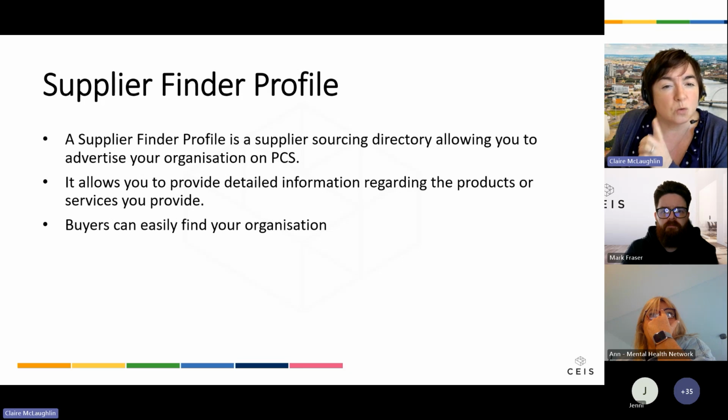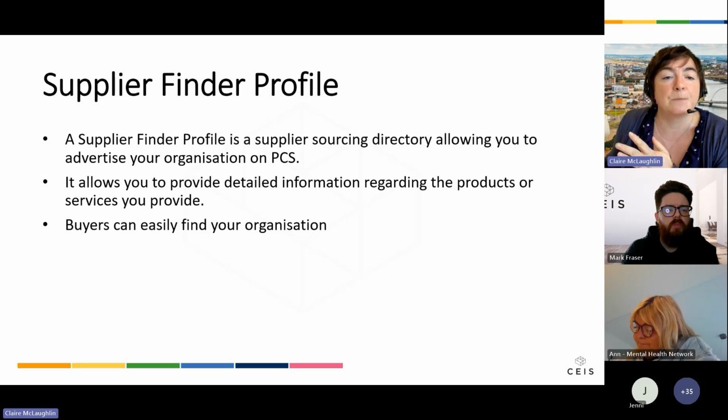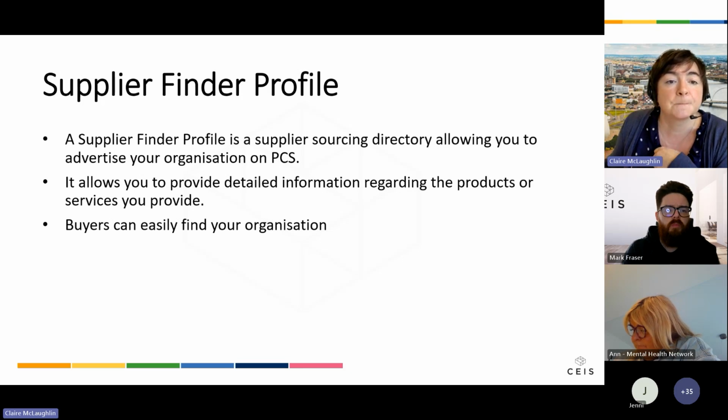Now, I told you about the changes that have been made to Public Contract Scotland, and one of the key changes is that now buyers can search specifically for third sector organisations. So there's increased opportunity now, if you're a third sector organisation, of buyers being able to find you. So all the more reason to set up a supplier finder profile.